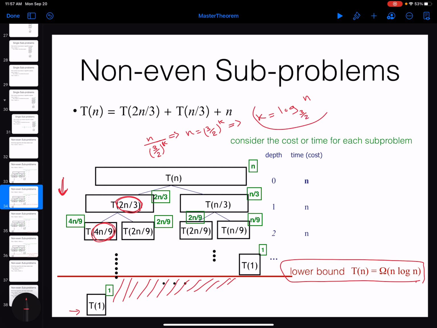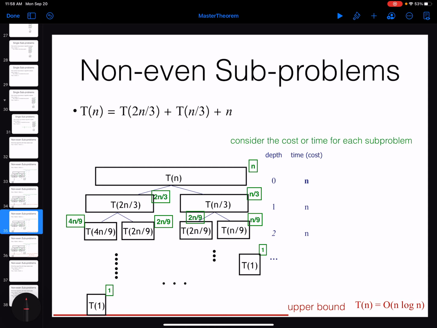Again, this is going to be log of n because we don't really care about the base as long as the base is greater than 1. So even for the upper bound, what we get is O of n log n.